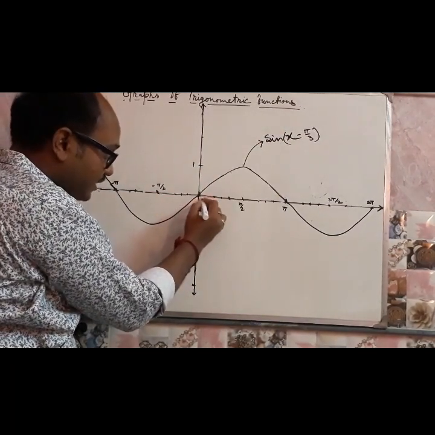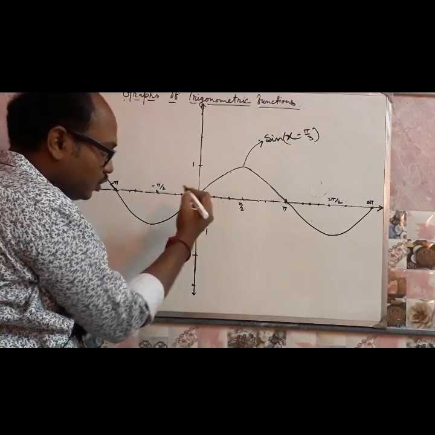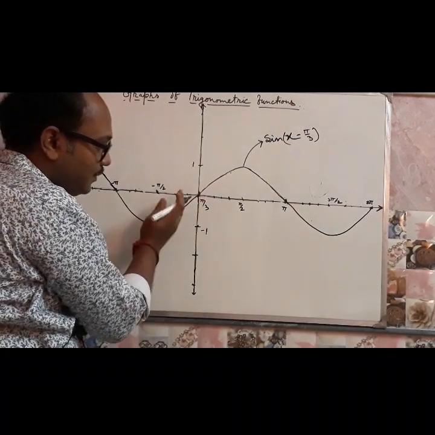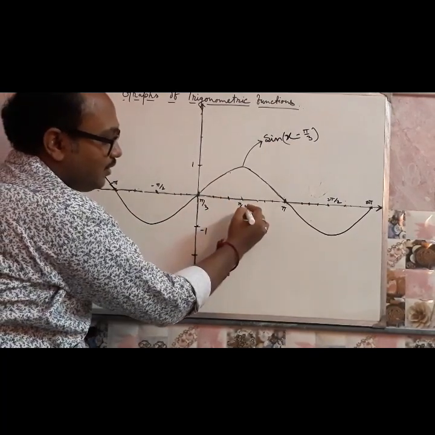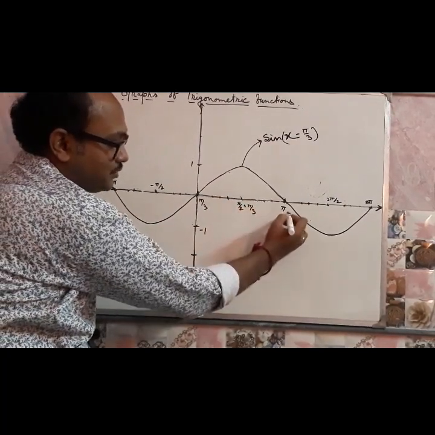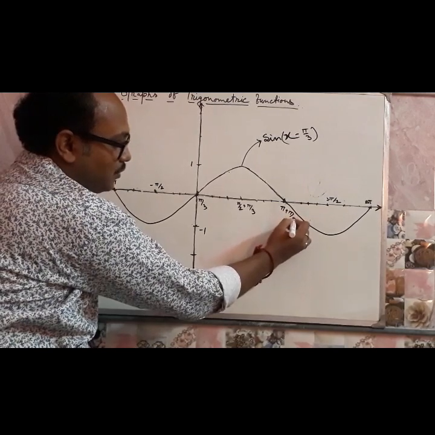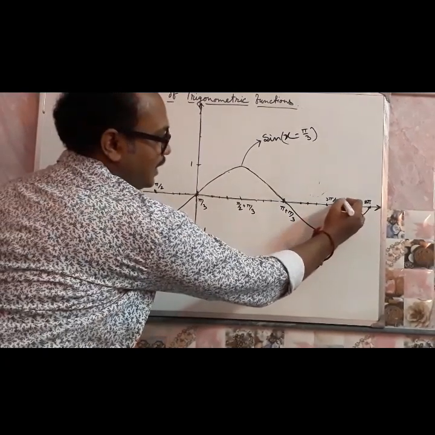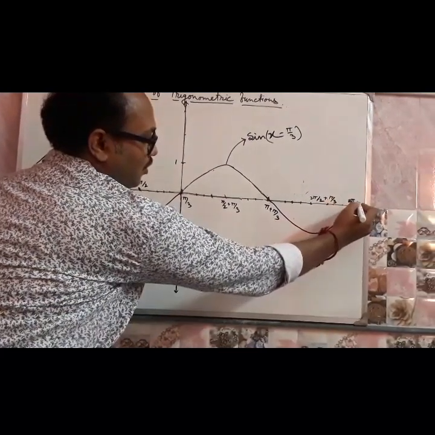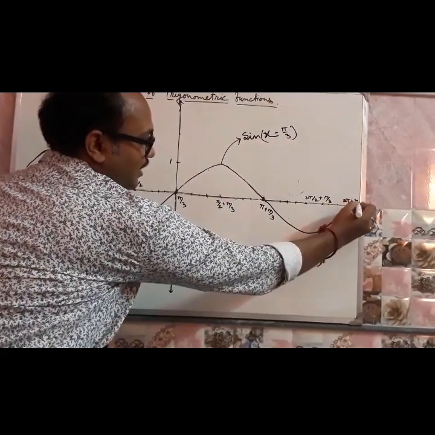So this point is pi by 3. That means the graph is shifted by pi by 3 for all these values. At first draw the graph of sin x, then add pi by 3 to all these values.